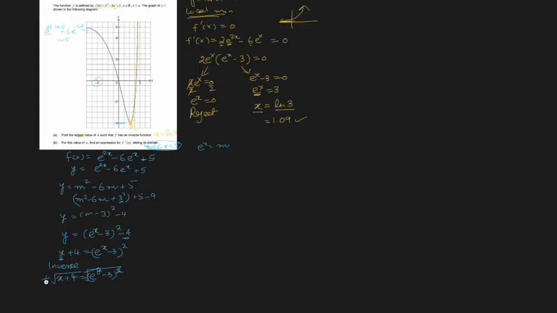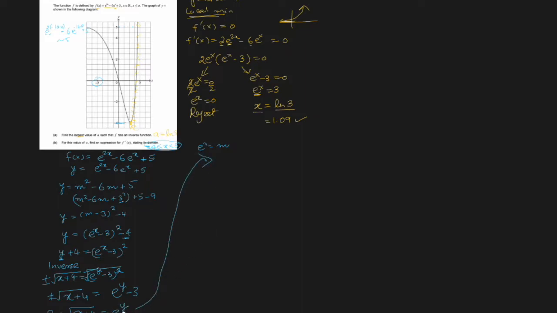And we will have plus and minus for this square root. Alright, so what do we get? Plus minus square root x plus 4 equals e to the power y minus 3. Let's bring this 3 to the left side. 3 plus minus square root x plus 4 equals e to the power y.